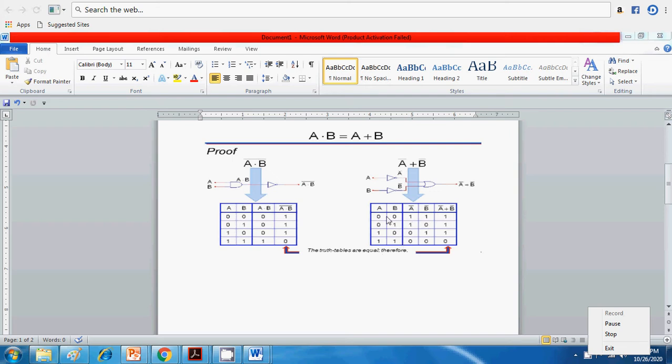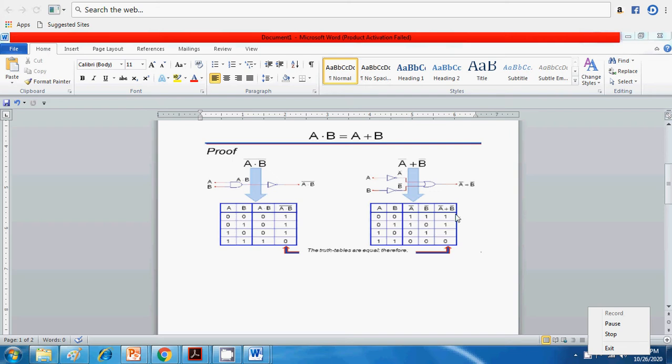A bar is the complement of A. So for A equal to 0 it is 1, again for A equal to 0 it is 1, for A equal to 1, A bar is 0, and for A equal to 1, A bar is 0. Like that, for B equal to 0, B bar is 1, for B equal to 1, B bar is 0, for B equal to 0, B bar is 1, and for B equal to 1, B bar is 0.